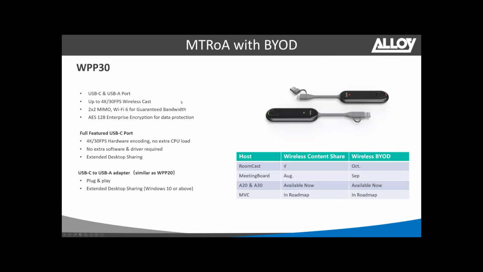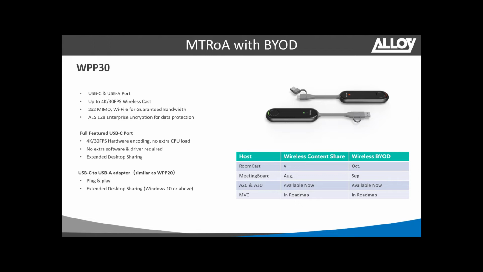All right, so something new also from Yealink, which is very exciting and everyone's kind of raving about this at the moment, is the WPP30. Now, it's only supported on the A20 and the A30 at this point in time. What the WPP30 allows us to do is have a wireless BYOD function.